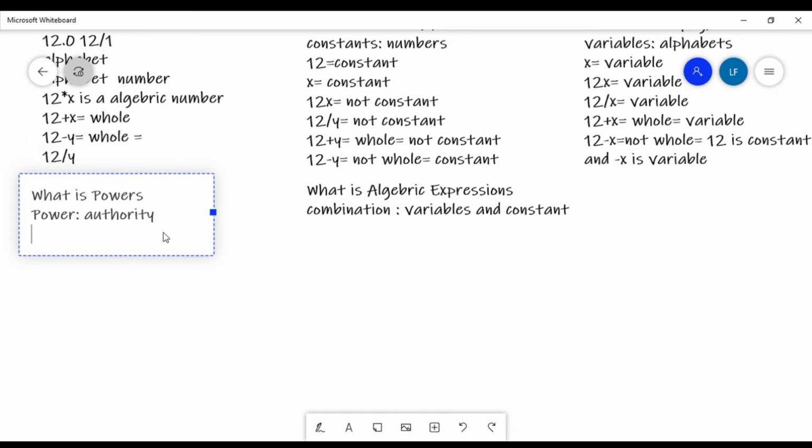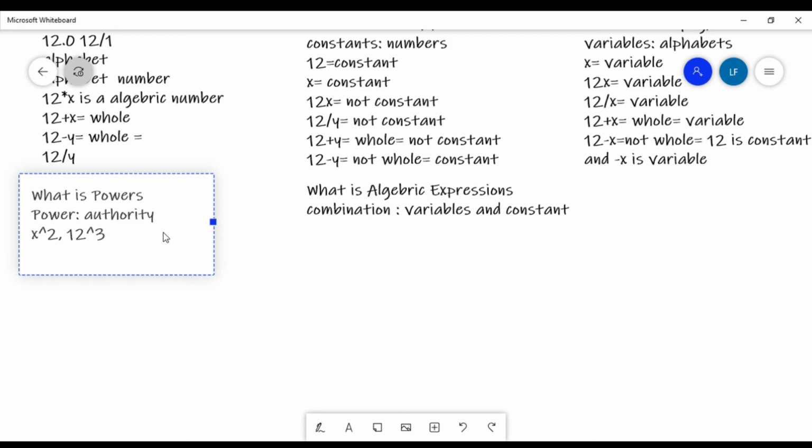Another thing is that variables can have power, like x raised to the power of 2, and numbers, constants, can also have a power, like 12 raised to the power of 3. But powers are not just limited to numbers.